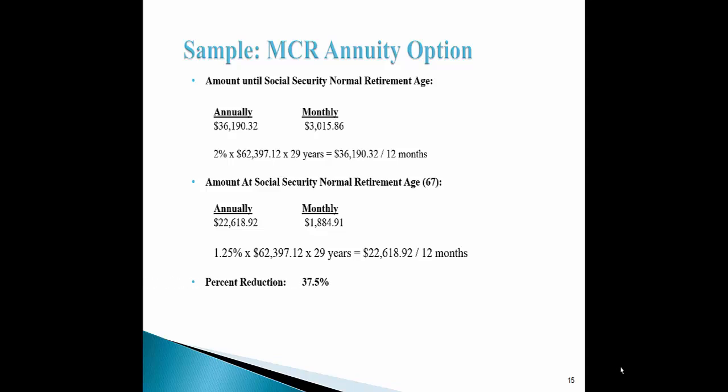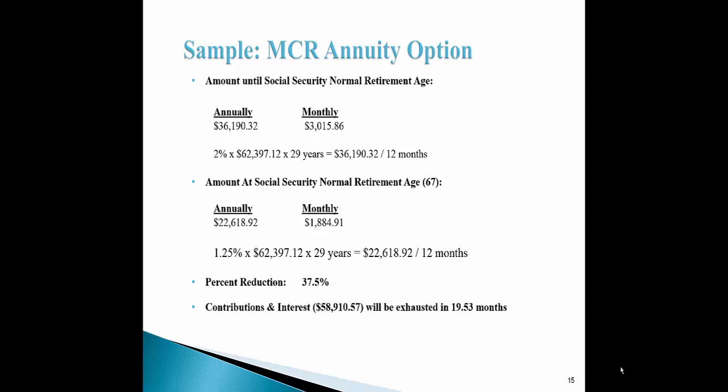In this example, the benefit will reduce by 37.5%. The percentage of the reduction may be different for each retiree based on varying factors such as your retirement group and the amount of your average final earnings. Each month the retiree receives a payment, the total contributions and interest are reduced.